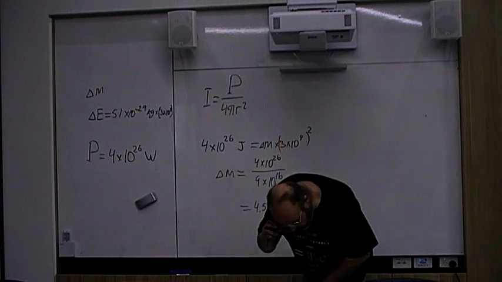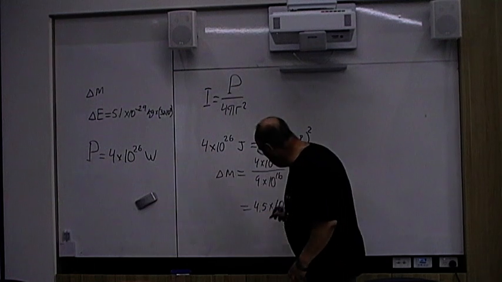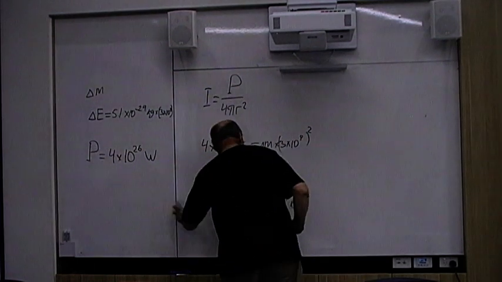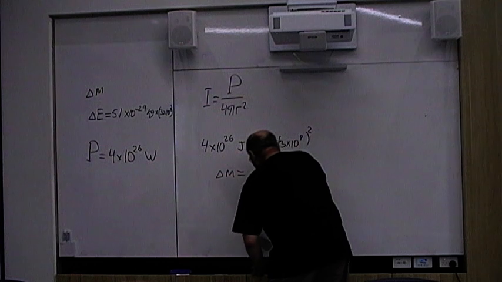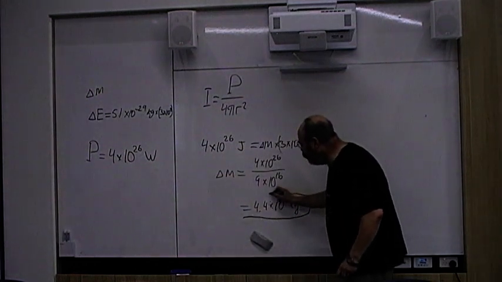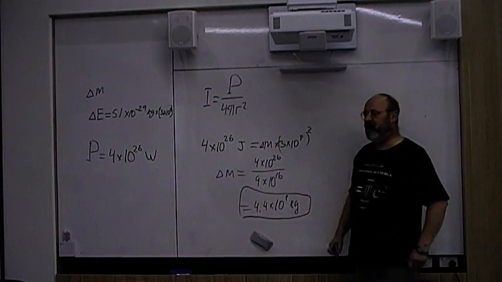If I did the calculations correctly, 4.4. So does that mean there's eventually going to be no sun? Every second, the sun loses that much mass.